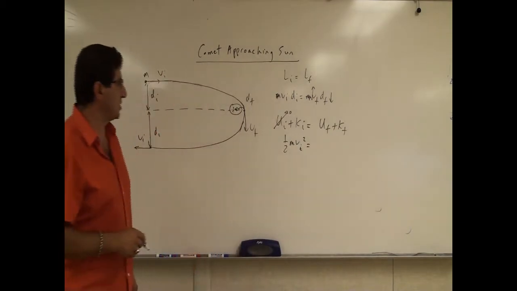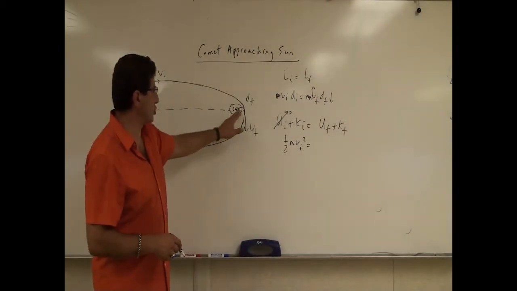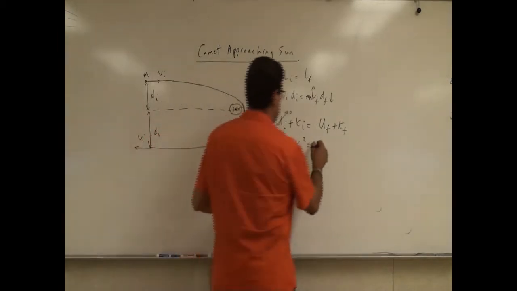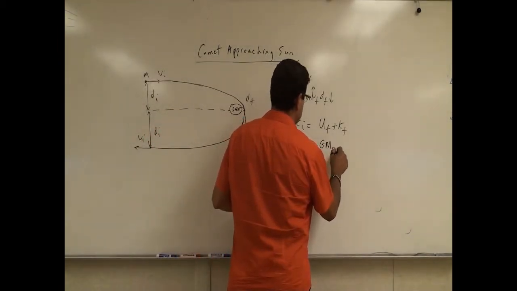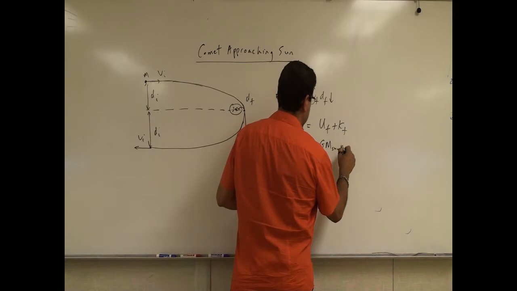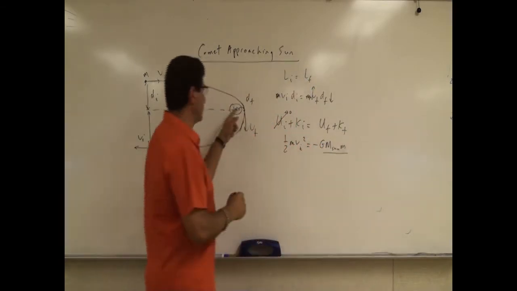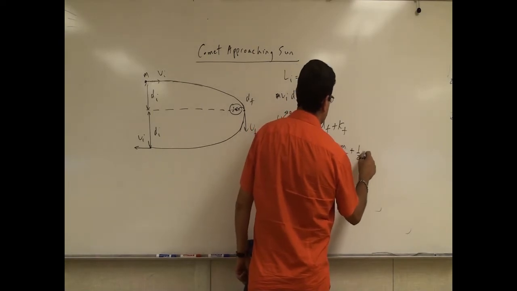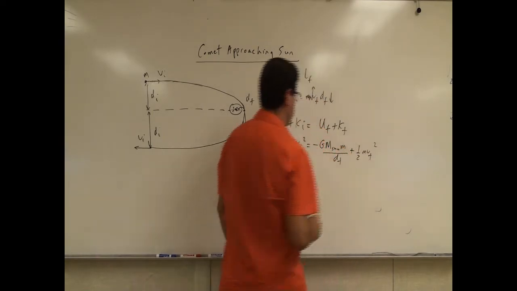What's the final potential energy? Well, when it's close to the Sun, it has a potential energy. It's equal to negative G, mass of the Sun, M, times the mass of the little planet, the mass of the comet, m, divided by the final distance d f, right? Plus the kinetic energy, 1/2 m v final squared, right?